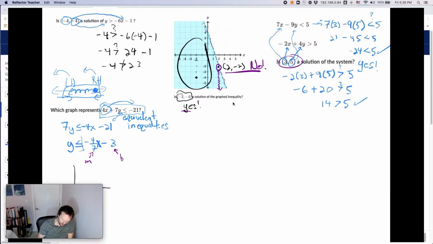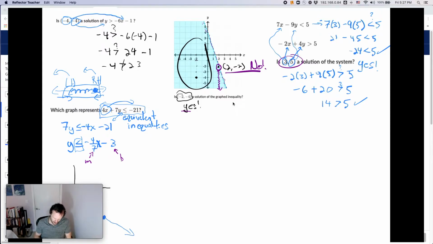Yes, because we are including the case where they're equal, where the points are on the line. And we have a slope of negative 4/7, which means down 4 over 7. Get another point, and let me try to actually connect those.